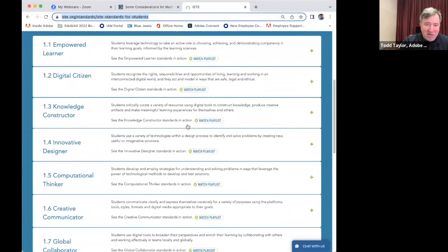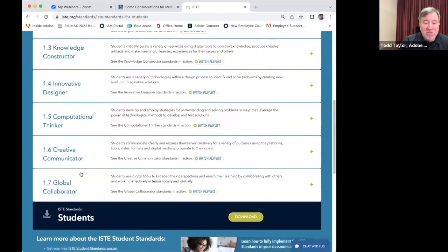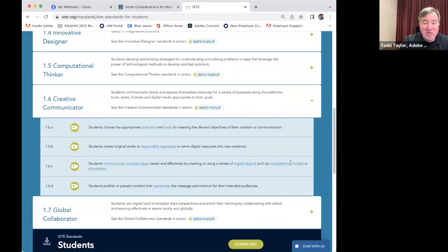And what I really like about these standards is they expand, and they talk about abilities that students can create. And so when I'm doing an assignment now, I'm often coming to this and going, as a result of this assignment, I want students to become stronger digital storytellers, which means that they are able to choose the appropriate platforms and tools for meeting the objectives of the project, that they create original works, then responsibly repurpose digital resources such as ChatGPT, which we will get to at the end of this conversation.